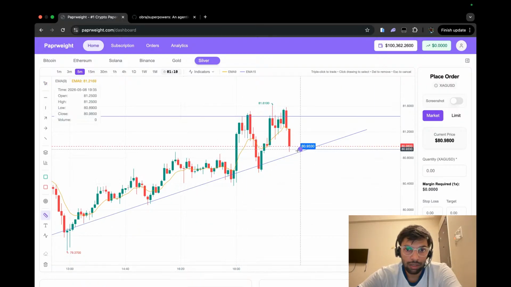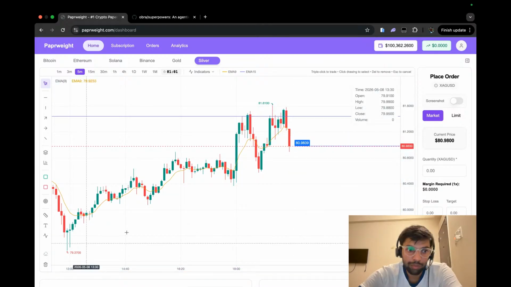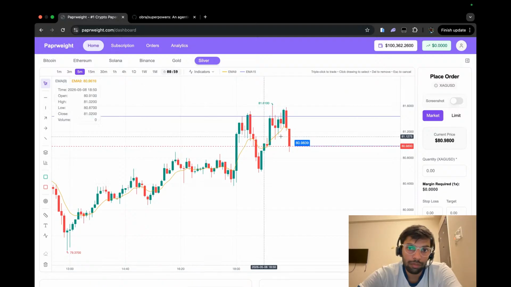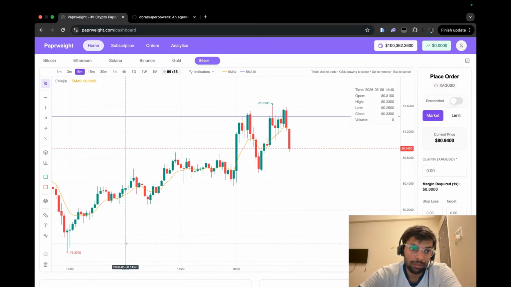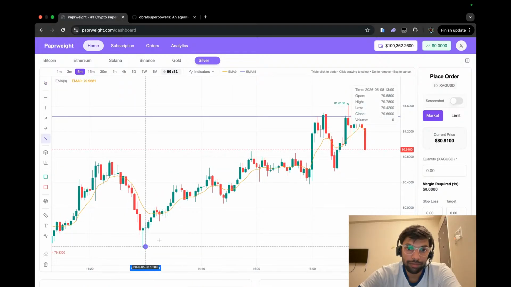This is the scale. So from here to here, the scale is quite good. Oh shit! I don't want to delete that. I want to delete this. I can again punch the trend line.